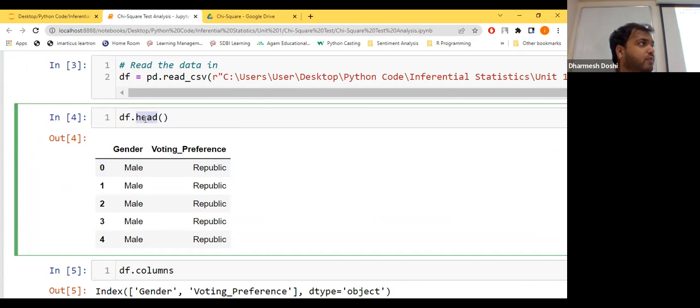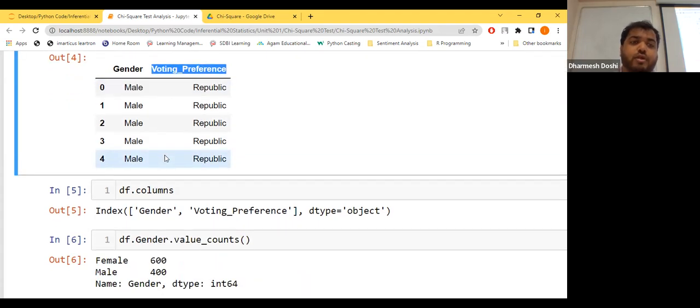Two types of people gave voting, male and female. Every row is independent. Gender and voting are categories. So here we have categorical data. Whenever we have categorical data, we can apply chi-square.